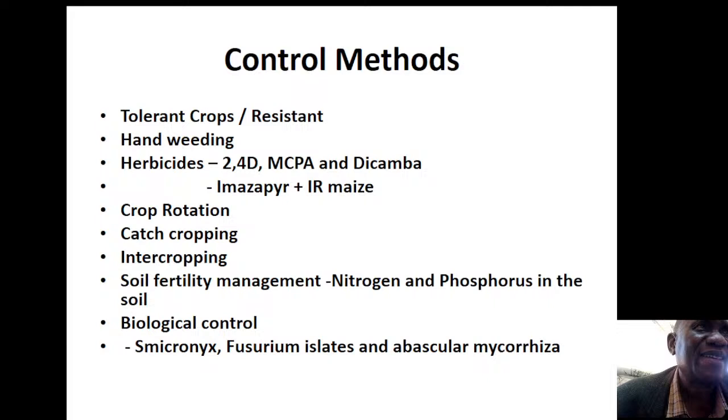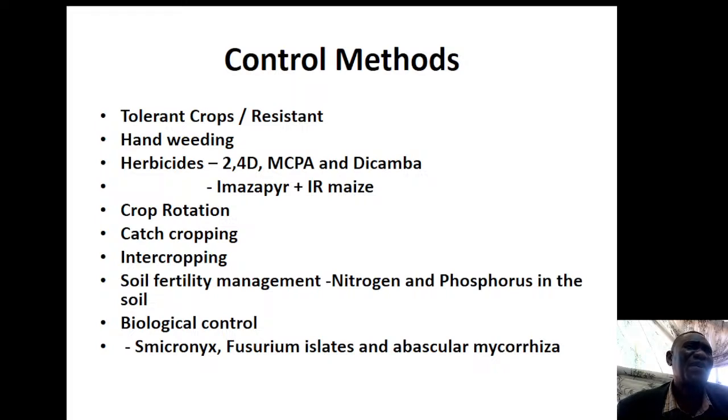And this is the summary of control methods: tolerant crops or resistant crops, hand weeding, herbicides, 2,4-D, MCPA, dicamba, imazapyr plus IR maize, imazapyr-resistant maize, crop rotation, catch cropping, intercropping, soil fertility management, where you are focusing on nitrogen and phosphorus, biological control, Synchronix, fusarium, and arbuscular mycorrhiza.